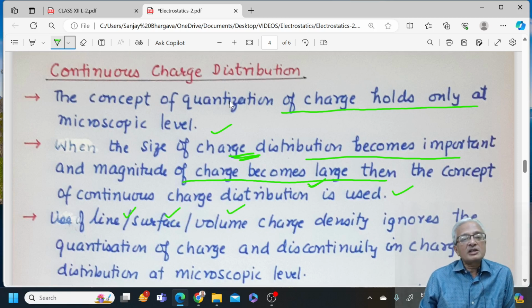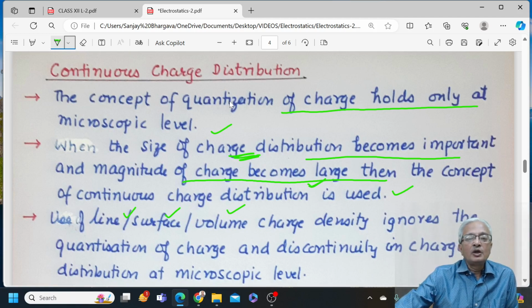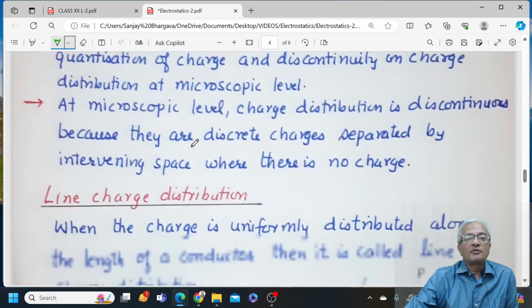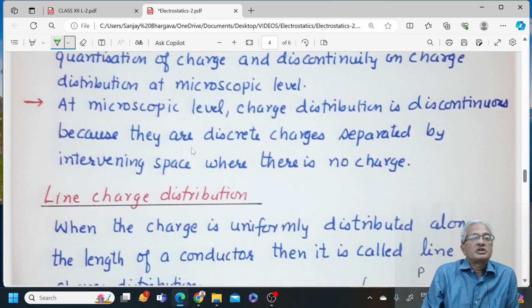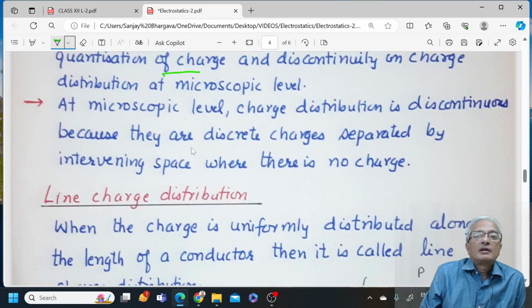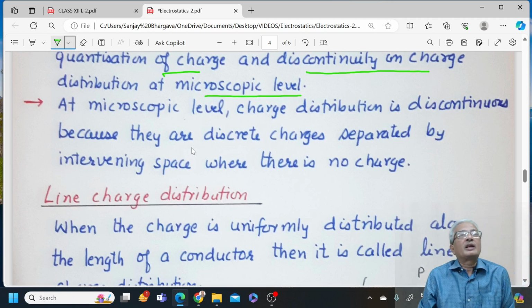Now, to describe these charge distributions, we require the concept of line charge density, surface charge density, and volume charge density. When we are using these words, they ignore the concept of quantization of charge and discontinuity in charge distribution at microscopic level.